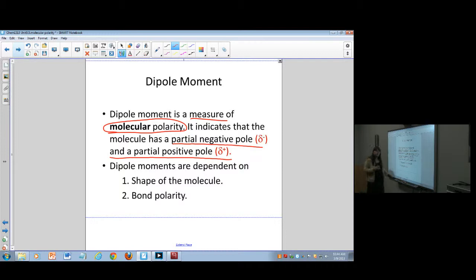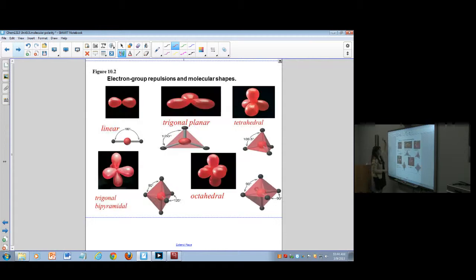We'll look at what all that means, but remember when we looked at a bond, for example, how about hydrogen fluoride, you'll remember that fluorine is the most electronegative, and it tends to pull those electrons towards itself and away from the hydrogen. So there's lots more electron density towards the fluorine than there is towards the hydrogen. We looked at that early, and we'll look at it again in just a minute.